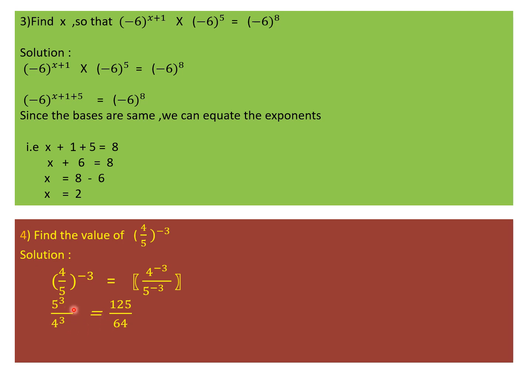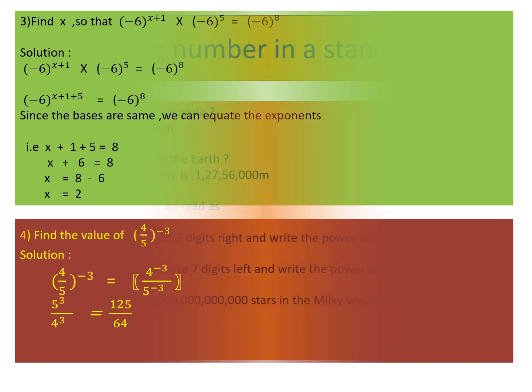What is 5 power 3? 3 times you should multiply 5, you will get 125. The same way for 4 power 3, you should multiply 4 three times, you will get 64. We got a fractional value. Now the value of (4/5) whole power minus 3 is 125 by 64.